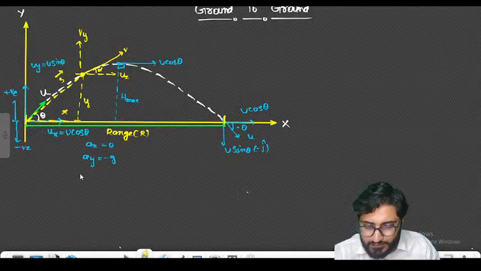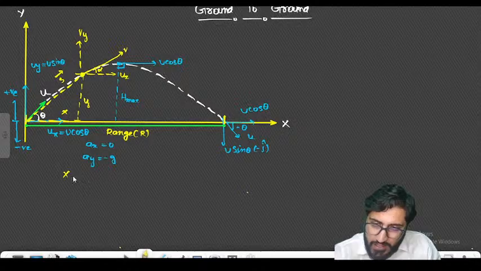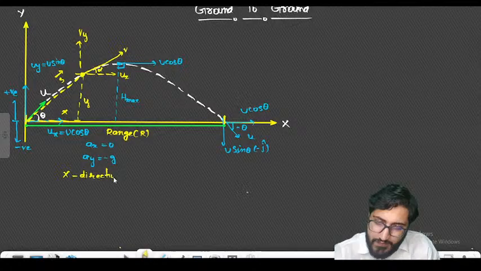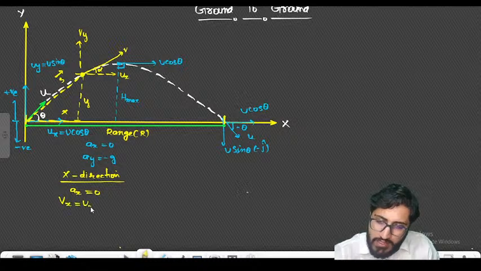Now look, first of all I will write for the x direction. Done. Is there any acceleration in the x direction? No, sir. What is vx? Acceleration in x is zero, so it will always be ux, always u cos theta. If no acceleration is present, velocity is constant, u cos theta.